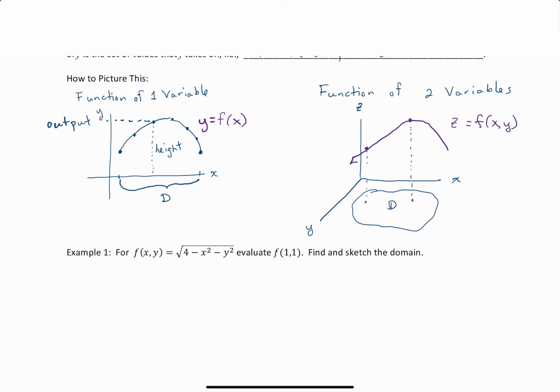So just for the sake of example, there will be some sort of surface floating above or below the xy plane, where the output that we're calling z is represented by putting a point that height above the xy point in the domain.